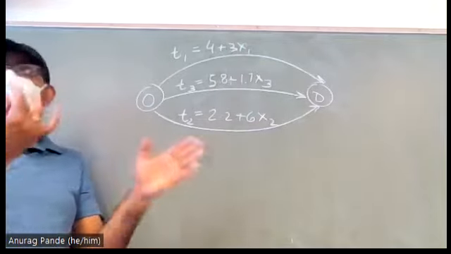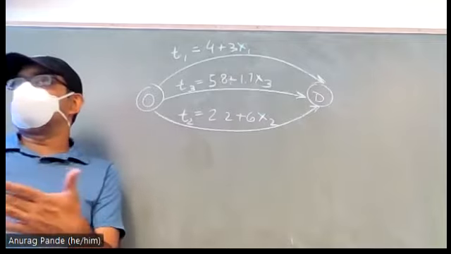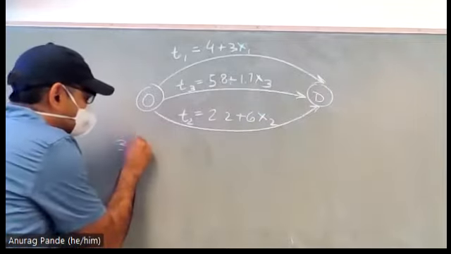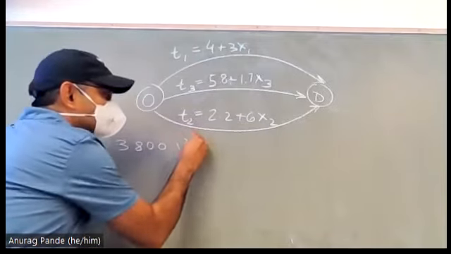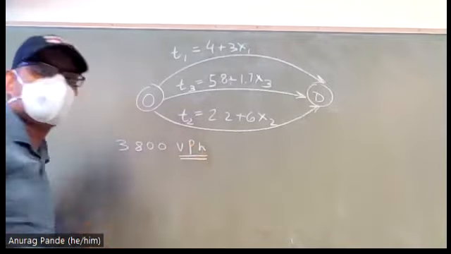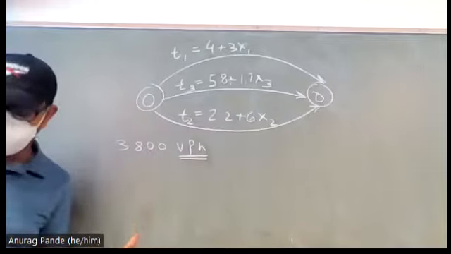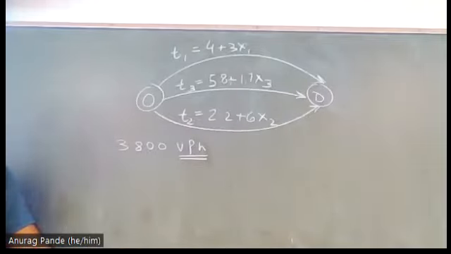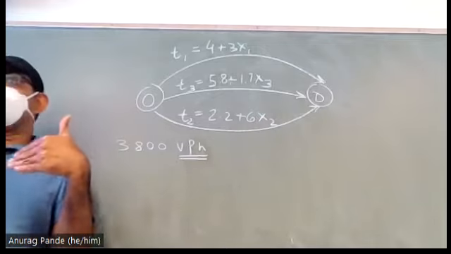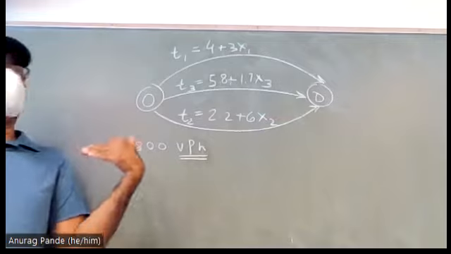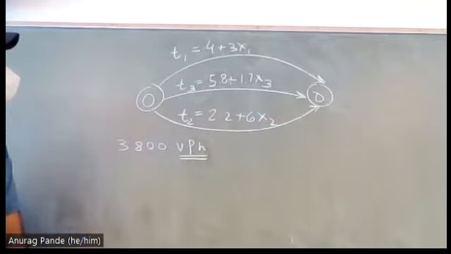Now you still had that same 3,800 vehicles per hour traffic flow. So you still want to distribute 3,800 VPH between the 3 different routes. The question is still the same: how do we define at what point different routes become competitive, and so on?